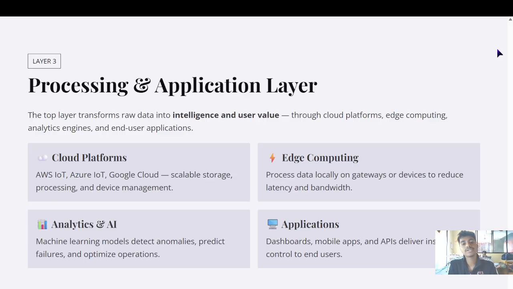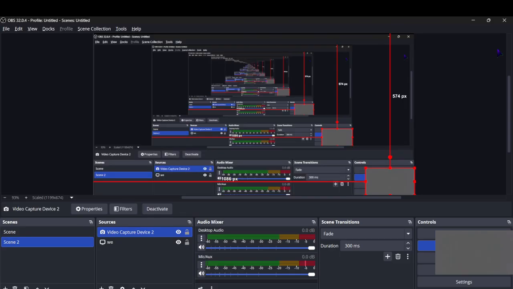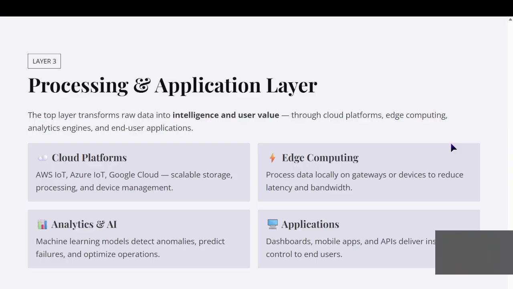Analytics and AI help detect patterns, predict failures, and optimize systems. Finally, applications like dashboards or mobile apps let users monitor and control the system.